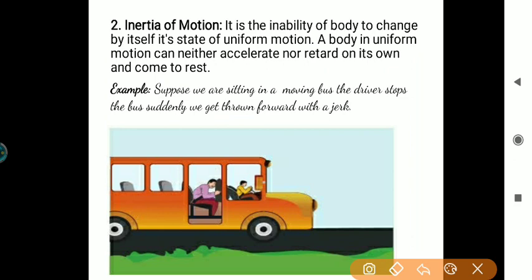When the driver suddenly applies the brake, the body of the person tries to remain in motion, but due to the application of brakes, the person feels a jerk or gets thrown forward.